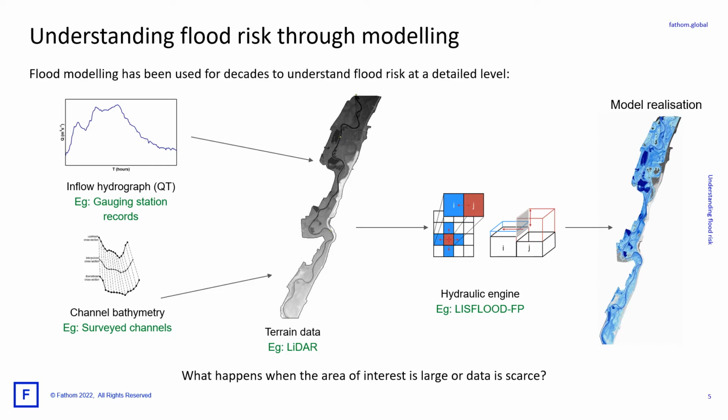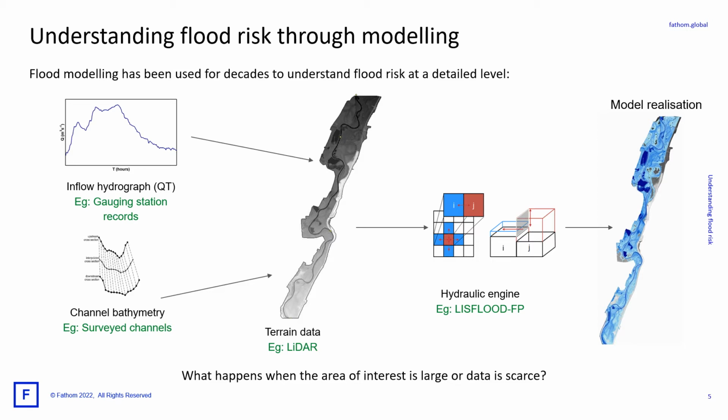The downside of that is detailed models require high resolution data, so they need LiDAR data, they need cross-sectional survey data of river channels, they need surveyed embankments, they need hydrometric data, they need rainfall data. And in data scarce areas, this will all need to be collected in order to do that. And that will be expensive and will take time, even when it's just over a small area. So if you're starting to look at flood risk over large areas, you can imagine the complications involved.